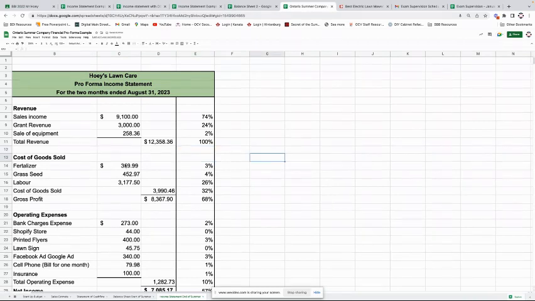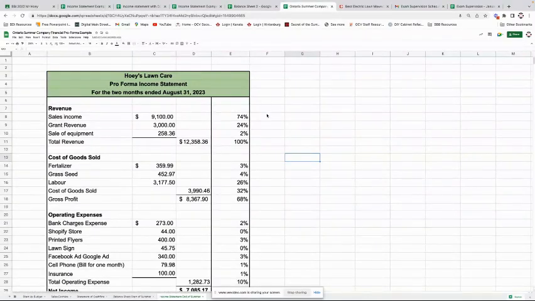And so we can see that makes our income statement a little bit easier to read. 74% of the income is going to be coming from sales, 24% from the grant revenue, 2% from the sales of the equipment. Gives me my total revenue of $12,000. My total COGS, underline here.